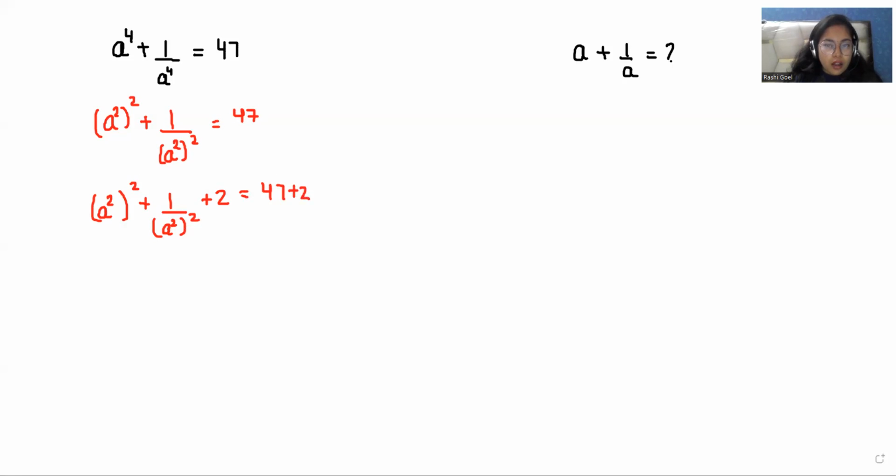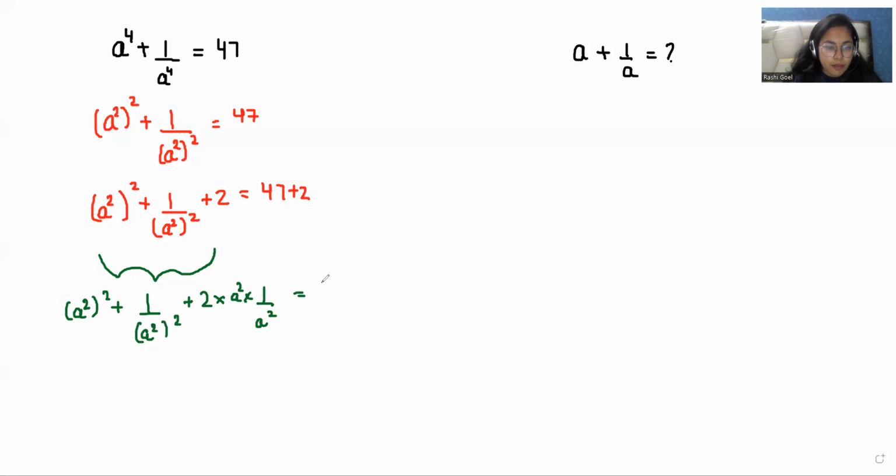Now in the LHS, I can see that it becomes the formula of a square plus b square plus 2ab, like this: (a^2)^2 + (1/a^2)^2 + 2ab, where a is a^2 and b is 1/a^2.